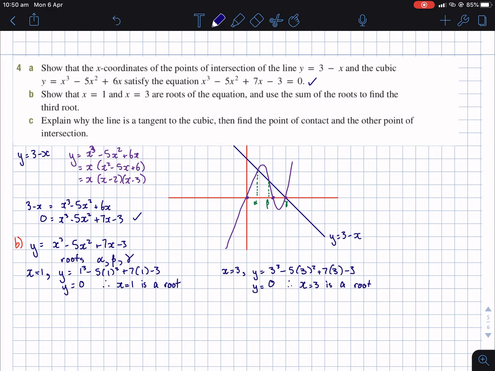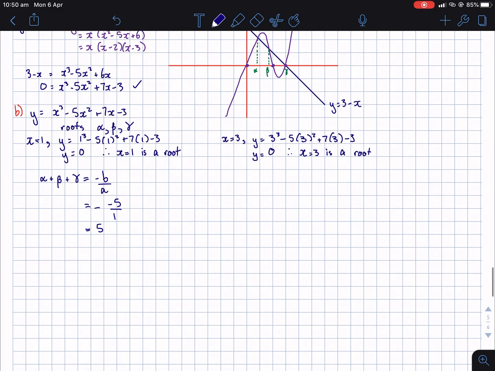So use the sum of the roots to find the third root. So for cubics, adding them together equals minus b on a still. So b in this one, we've got minus negative 5 on 1, so 5. We know two of our roots. We know we've got alpha equals 1, beta equals 3.